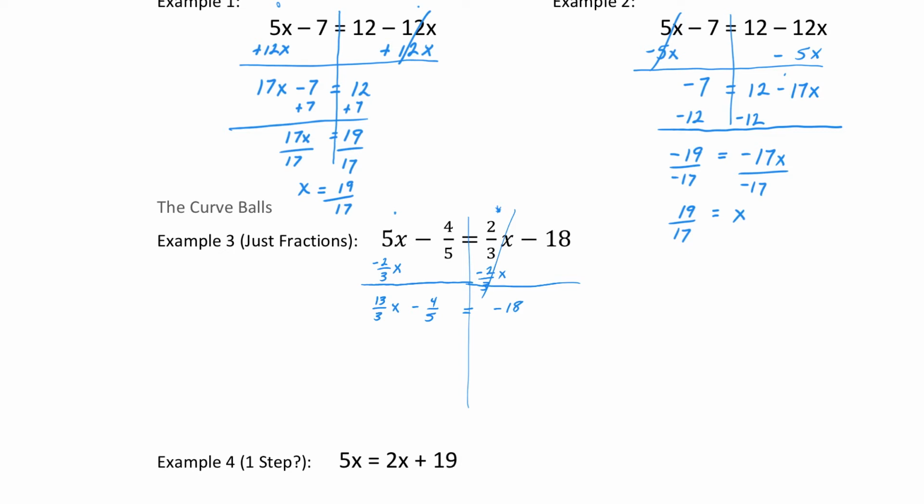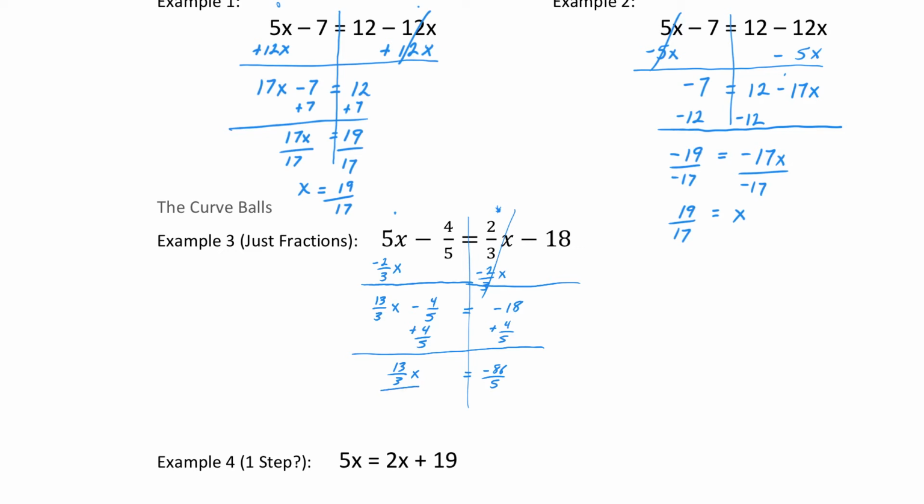Our junk is the negative 4/5, so we do plus 4/5 to both sides. I absolutely use my calculator on that. So my next line is 13 over 3x equals, and it ends up being negative 86 over 5. Last but not least, divide.